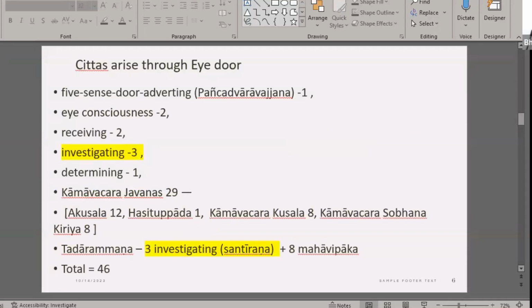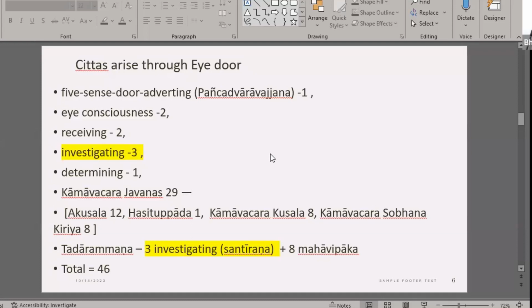So what are the chittas that arise through the eye door? After bhavanga stops, what happens? Chitta adverts. There is one function that adverts towards that object. That we call Panchadvara Vajjana Chitta. Please try to understand the process. Then you can memorize these numbers easily. Otherwise, it will be difficult to memorize just the numbers.